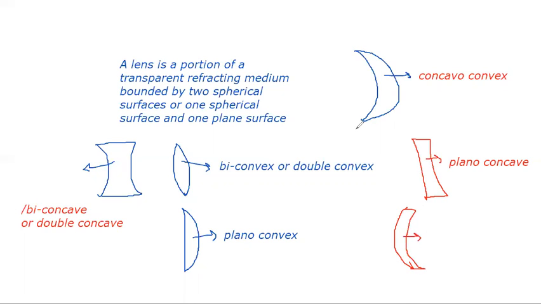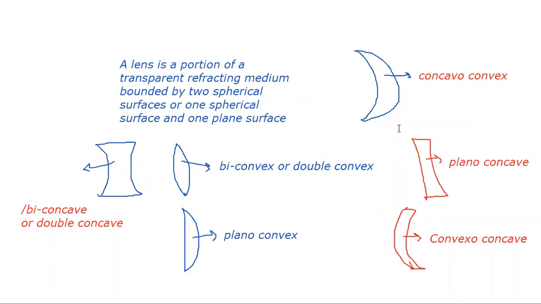Now the difference between concavo convex and convexo concave: in the first, the first part is concave and the other part is convex, and in this one the first part is convex and the second surface is concave, bulged inwards. You can understand the difference this way, okay.